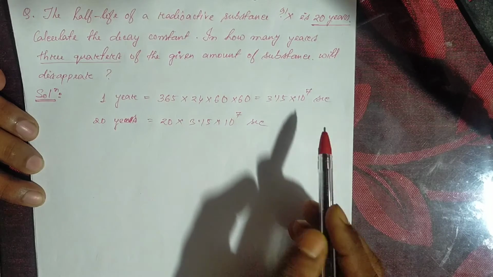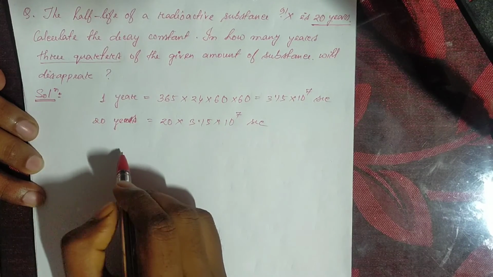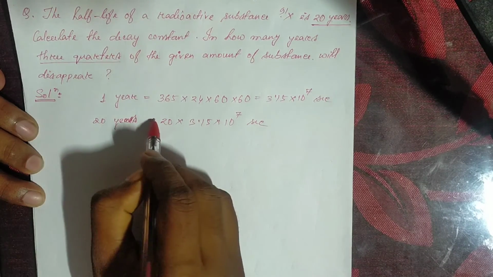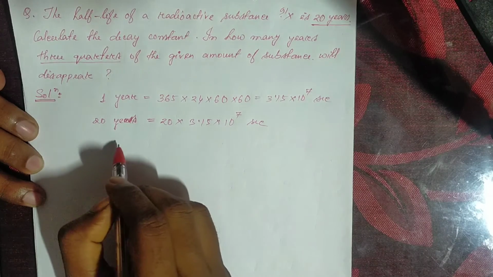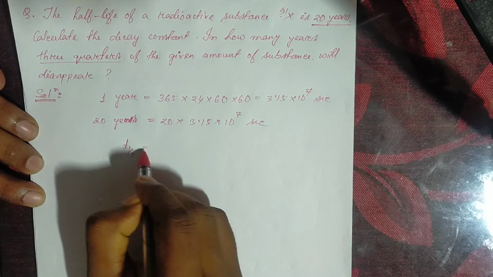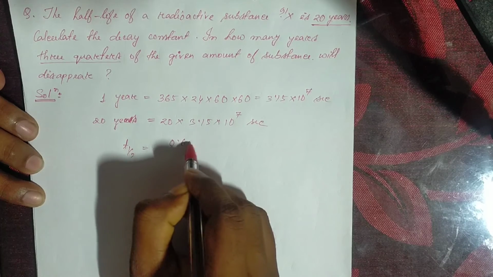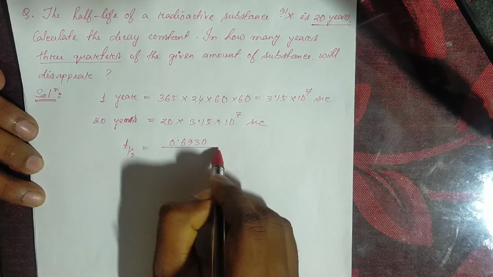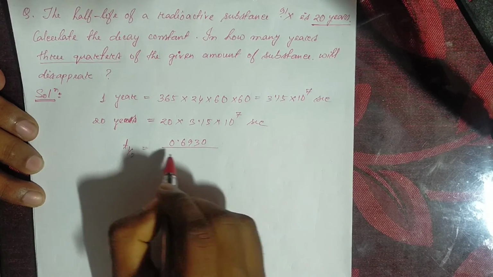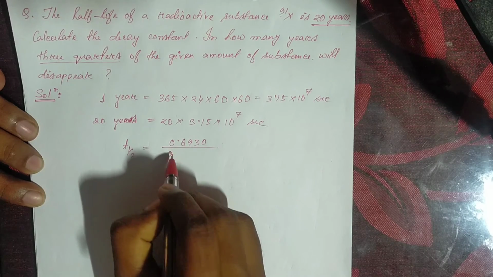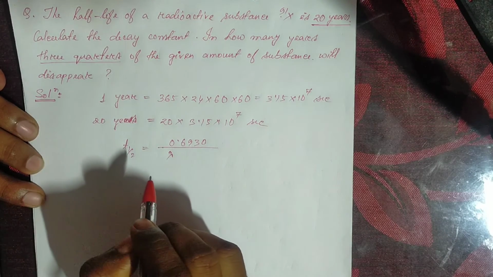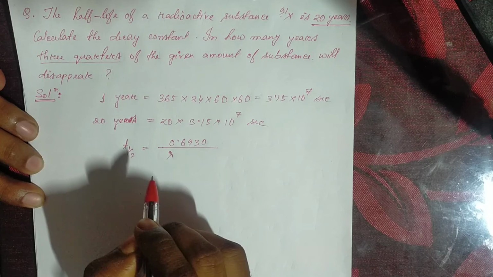As it is a first order reaction, for first order reaction, t half is equal to 0.6930 divided by the decay constant, or radioactive disintegration constant.